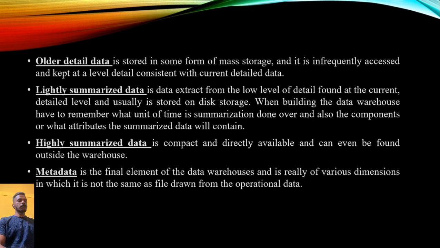Highly summarized data is compact and directly available and can even be found outside the warehouse. The metadata is the final element of data warehouses and has various dimensions in which it is not the same as data drawn from the operational data.